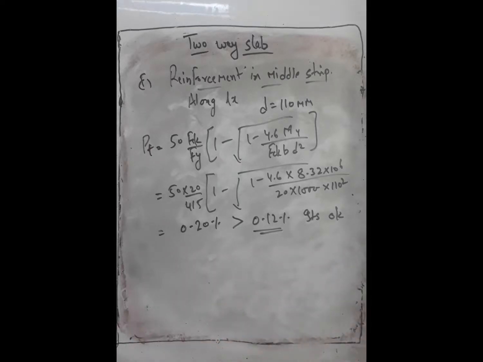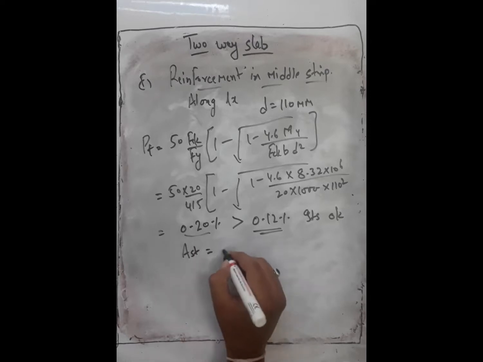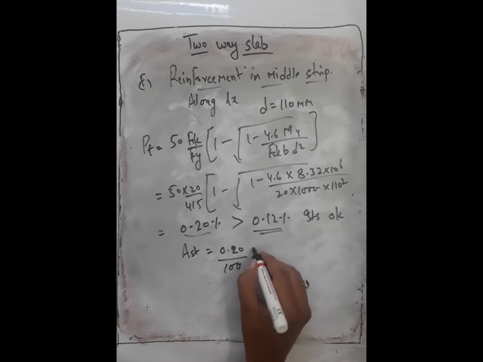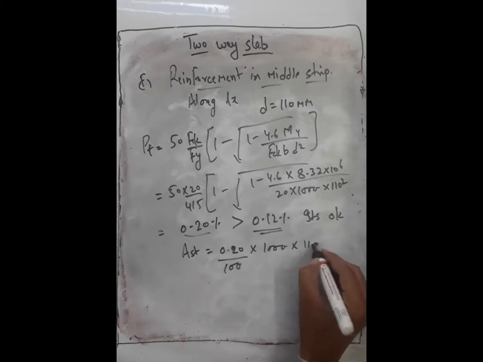After seeing this, now we have to find the AST with the help of this 0.20%. So AST is equal to 0.20 divided by 100 into 1000 into D. D is 110.